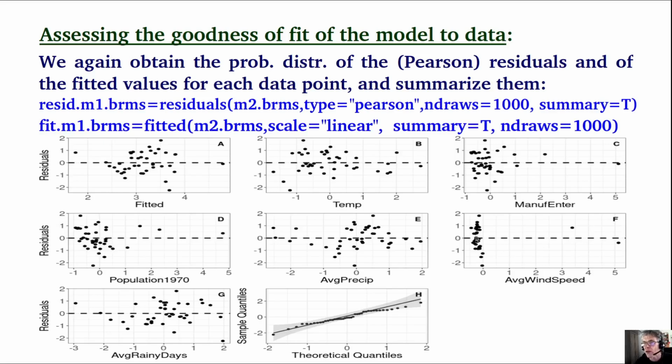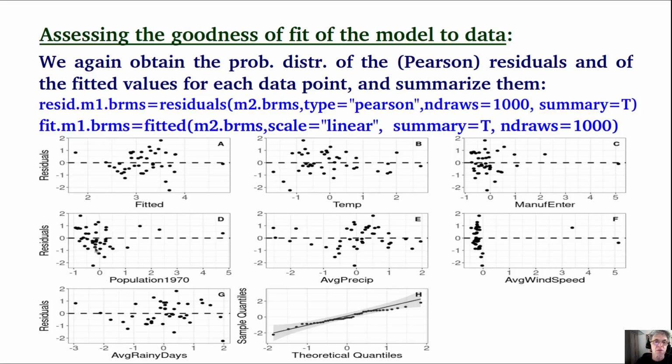For instance, let's not pay any attention whatsoever to the right hand side of plot F, because it's just driven by 2 points out of 47. So let's look at the other points, and see that it's a similar scatter in the positive and negative side and without any obvious discernible trend.